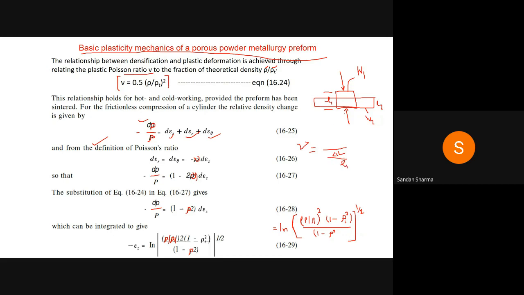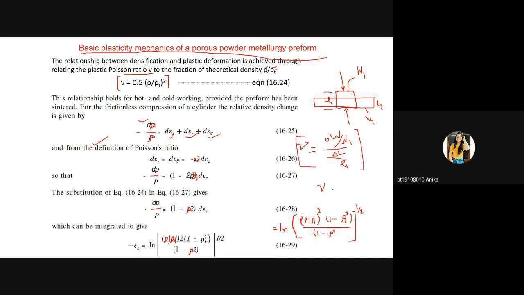In the perpendicular direction, you are applying pressure in one direction but it changes in another direction, and you consider that change: delta W divided by W. ठीक है, समझ में आ रहा है क्या होता है पॉइसन रेशियो?